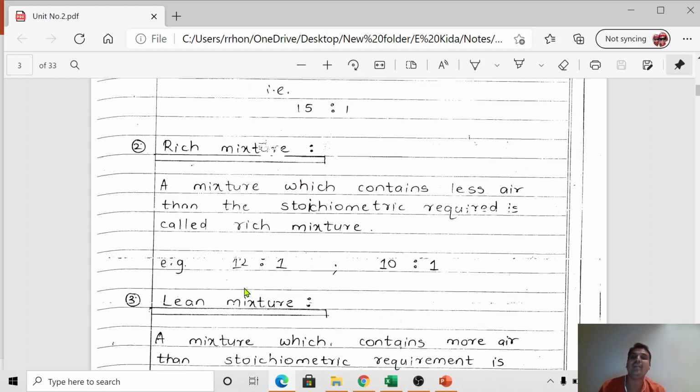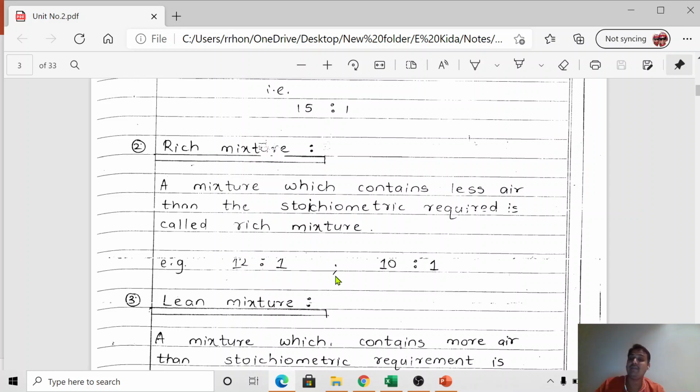With the help of this example, we can understand how we get a rich mixture if this value is reduced below 15. So 12 to 1, 10 to 1, all values less than 15 for the air come under rich mixture.